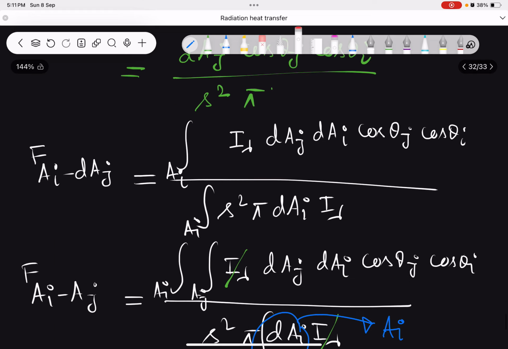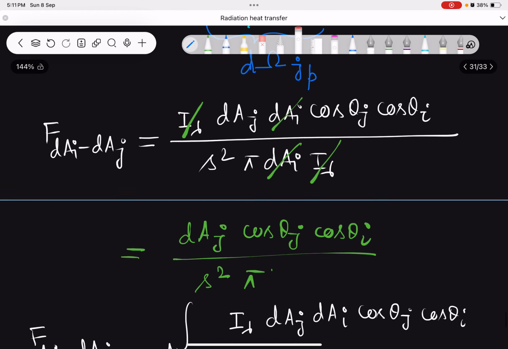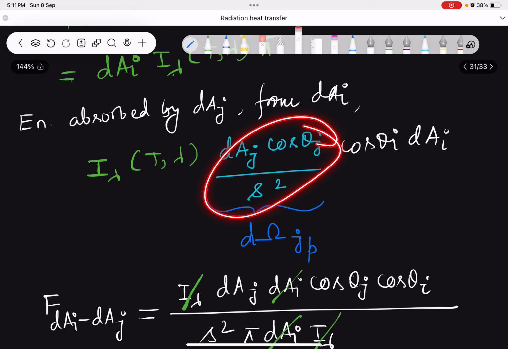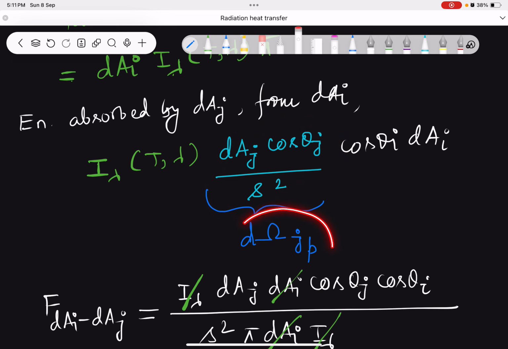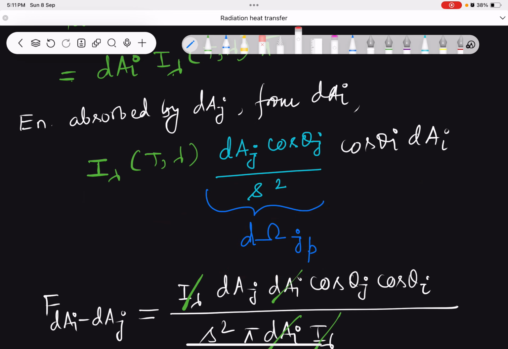Multiplied by this, this is the total energy radiated from dAi in the direction of dAj, subtended by dAj. This much energy is absorbed by dAj.